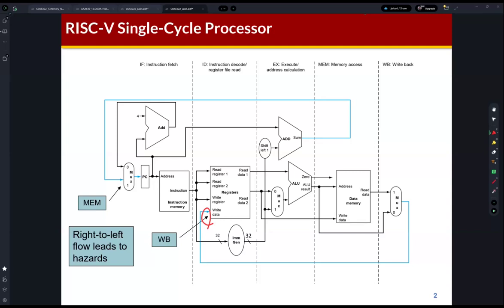Control signals need to go through the pipeline registers if these control signals are used in a certain stage. The control signals need to be propagated via the pipeline registers. That's the rule. So we need to check the timing of signals. It is very important and critical.